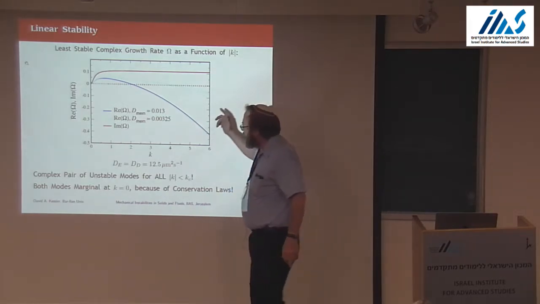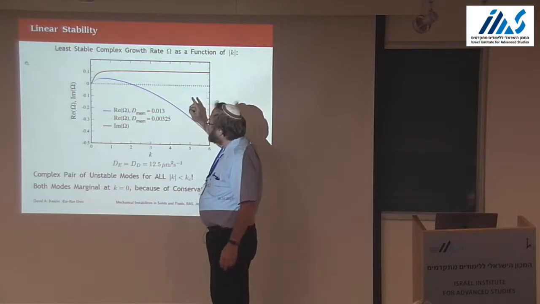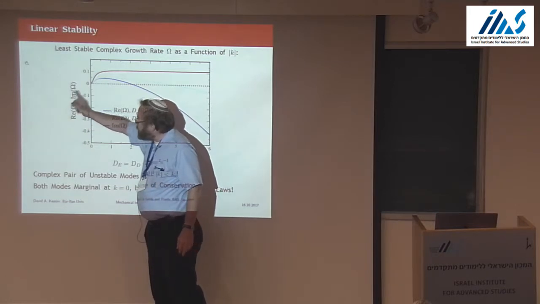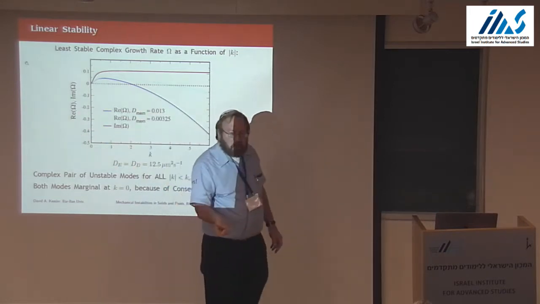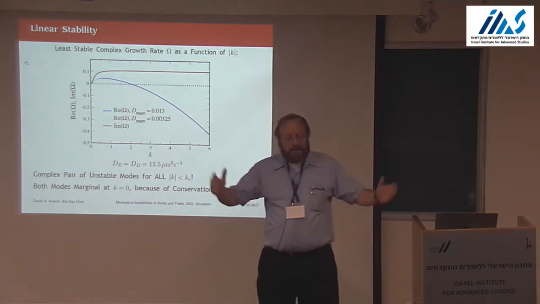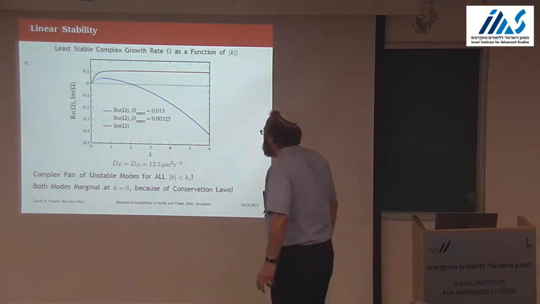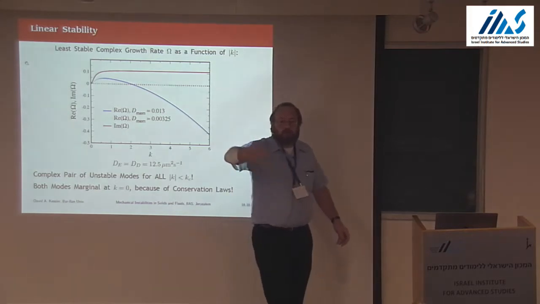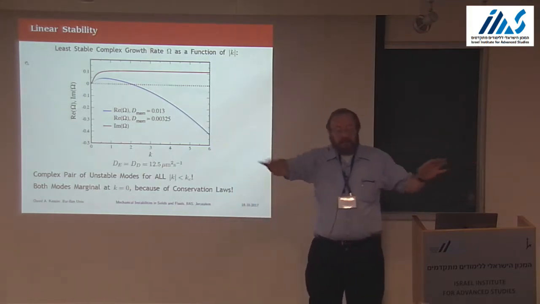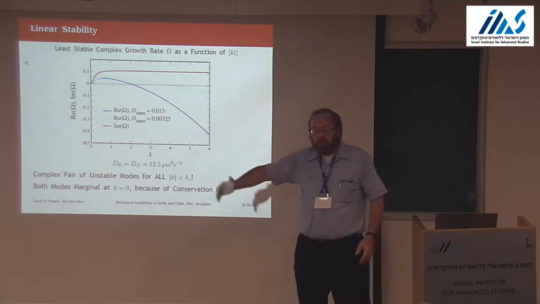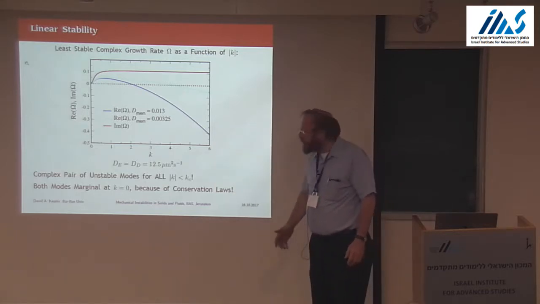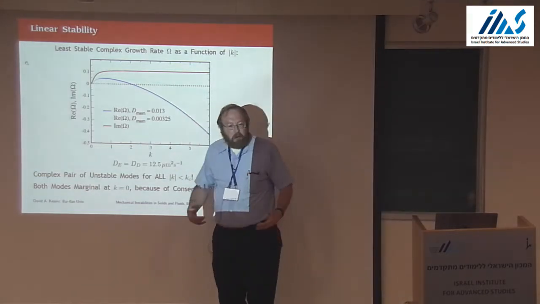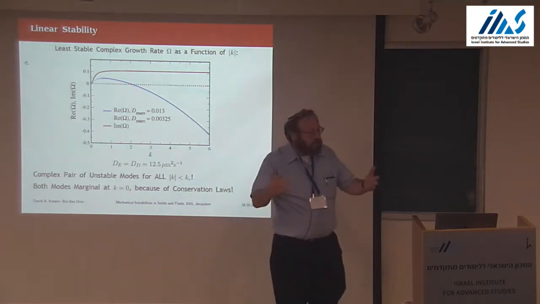And this is the growth rate and the frequency of the least stable eigenmode of this 8 by 8 system. Okay? Since the base state is translation invariant, all eigenmodes can be labeled by Fourier number k, so you plug in k, and you compute, as a function of k, what is the growth rate and frequency of these modes.